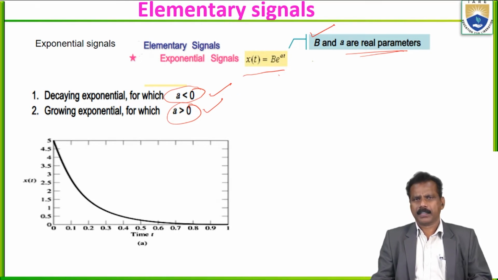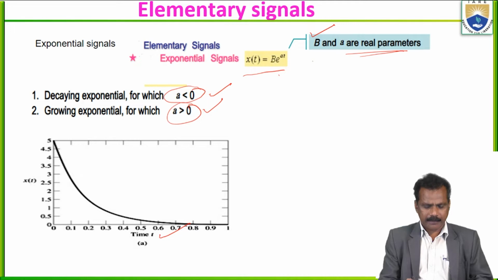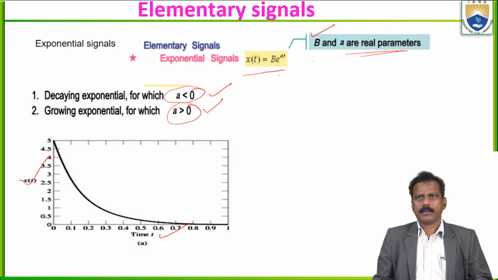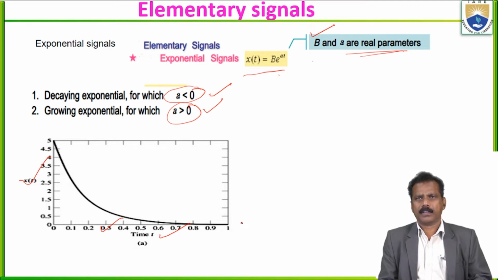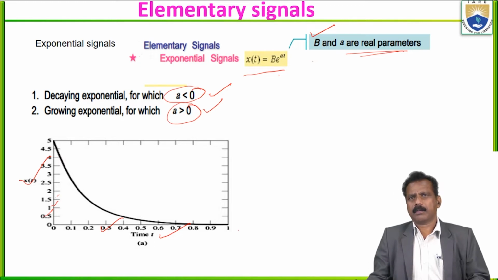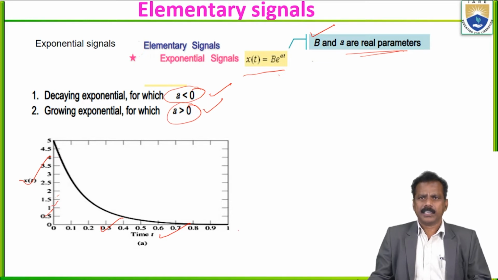Here, plotting t, the time, versus x of t, the time goes from 0 to 0.1, 0.2, 0.3, up to 0.9 and 1, and x of t goes from the origin up to 5. We can easily see the decaying exponential for a less than 0 and the growing exponential for a greater than 0.